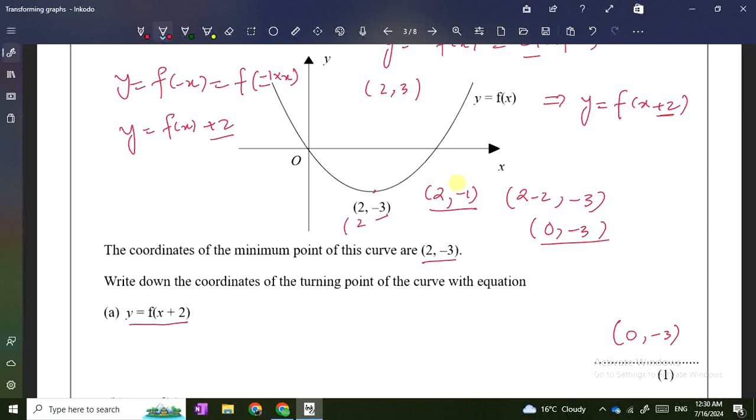You need to divide the x coordinate by minus 1 and keep the y coordinate as it is. So 2 divided by minus 1 will be minus 2. So minus 2 and minus 3 are the coordinates of the new function. If there is a change inside the function, you have to do the opposite operation with the x coordinate, and if there is a change outside the function, you have to do the same operation with the y coordinate. So the new coordinates are minus 2 and minus 3.